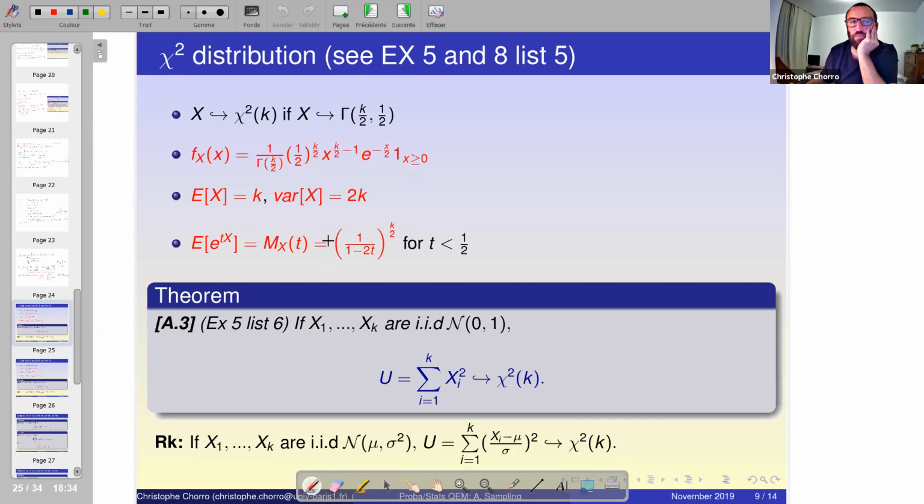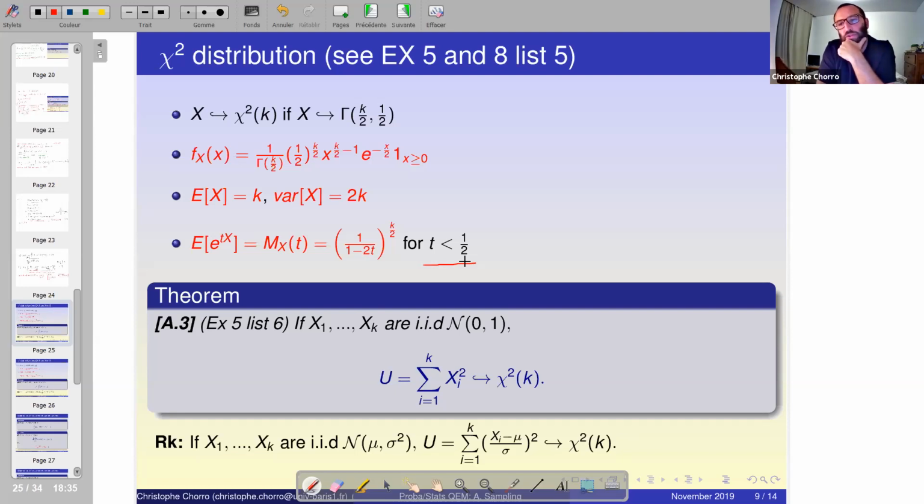And be careful that this moment generating function is not defined everywhere, but we have a condition on t in order to be able to define it here. t is strictly less than 1/2. And we have also seen, it was the aim of exercise 5 of the list 6 of exercises, that I can build a chi-square distribution of parameter k. It's a result that you can prove by induction, for example, very easily using the moment generating function.